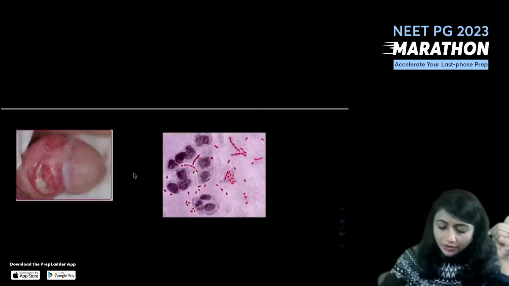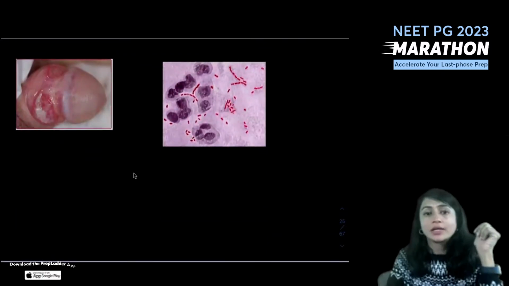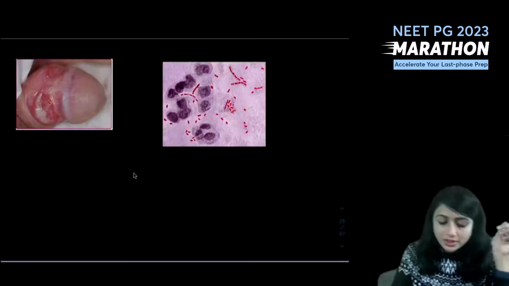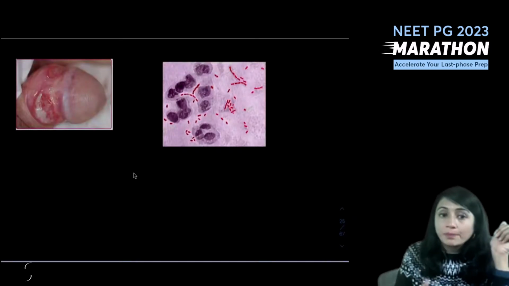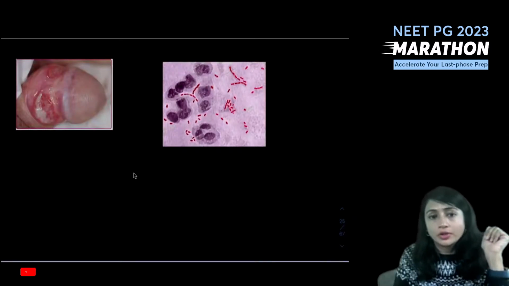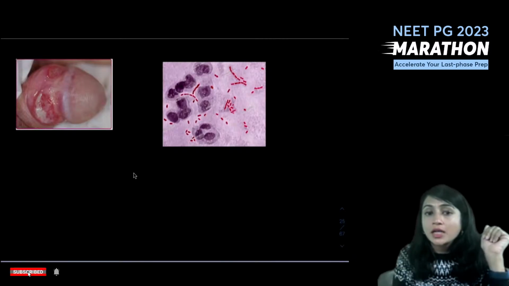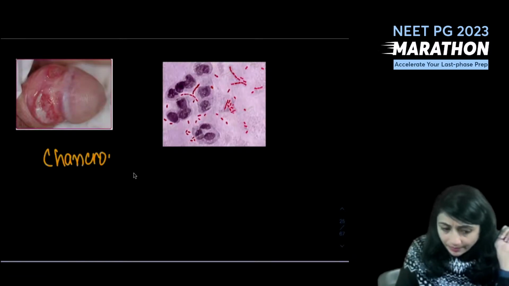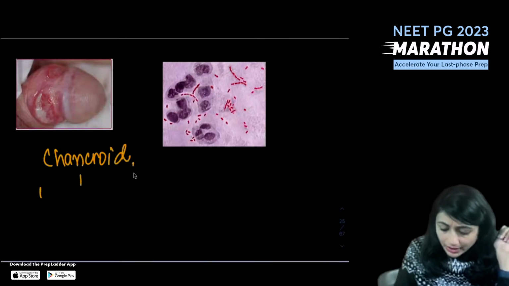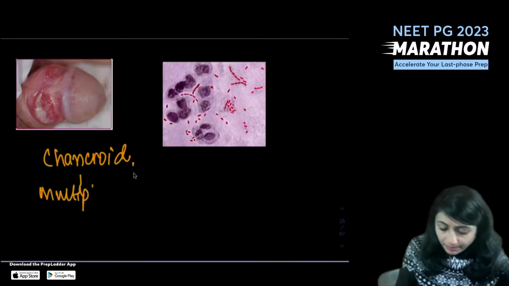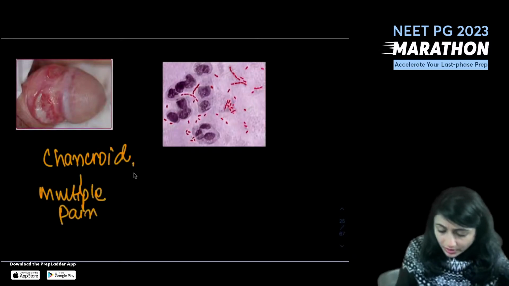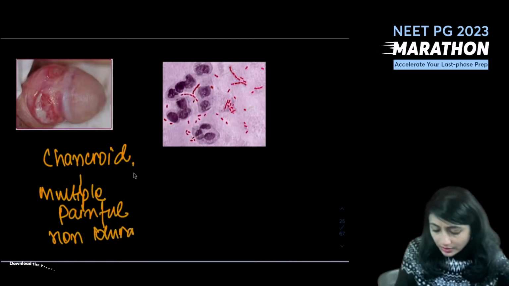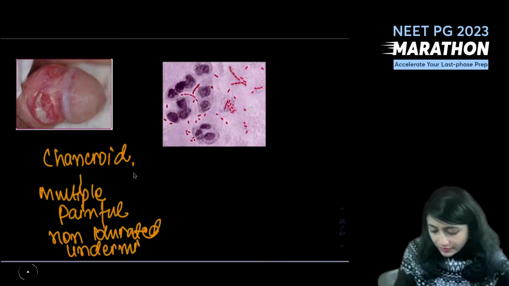So let's look at the different ulcers and quickly revise it, and then we'll come back to the question. So what do I see here? I see multiple painful non-indurated lesions which have sloughed edges. This is typical of chancroid. Multiple, painful, non-indurated means soft, with undermined sloughed edges.